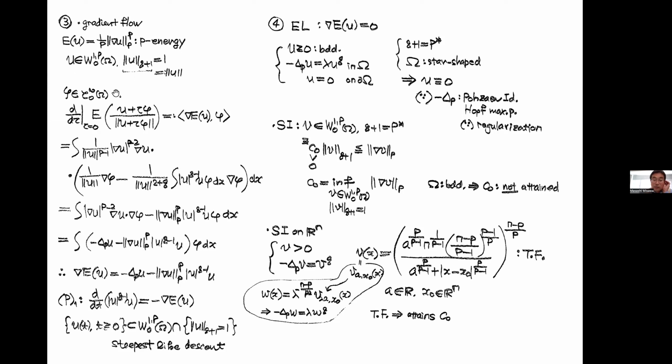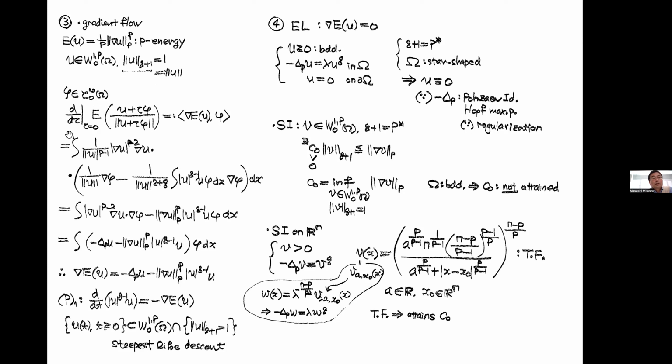And now we try to compute the first variation of this variational problem. So we put the comparison map (u plus real parameter tau times phi) over the (q+1)-norm of u plus tau times phi. Here phi is a smooth function in omega with compact support. This is just an admissible comparison map for this variational problem.